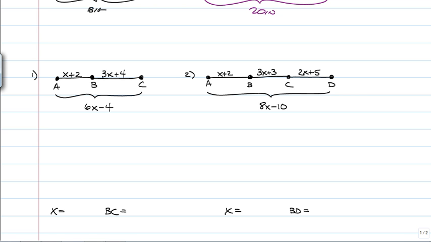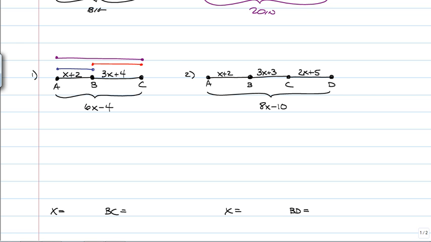So this first example, the first thing you have to do is identify your little pieces and your big piece. Well, we have AB, which is a little segment, and we also have BC, which is a little segment, and when you add them together, it makes this AC, big segment.